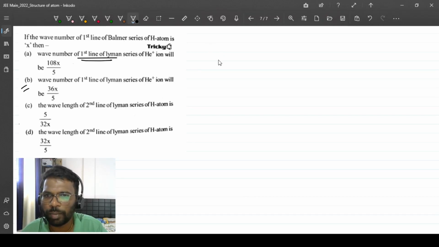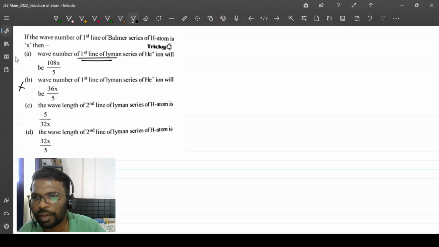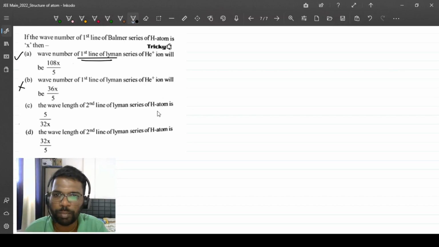The wave number of the first line of the Lyman series of the helium plus ion, like we have understood, is 108. So obviously option B will be incorrect. This is correct. Now, the wavelength of the second line of the Lyman series.